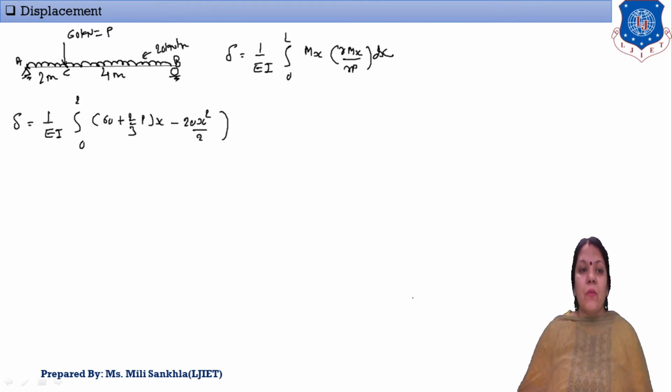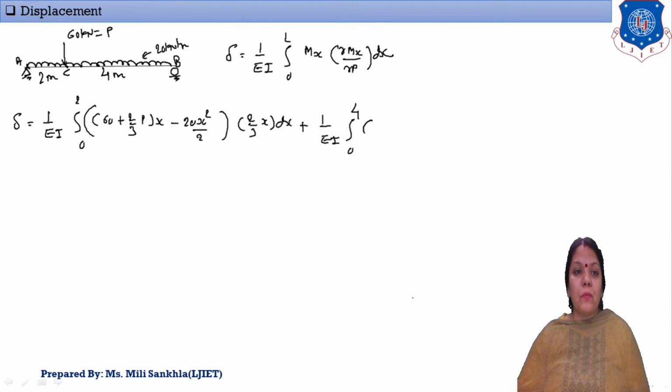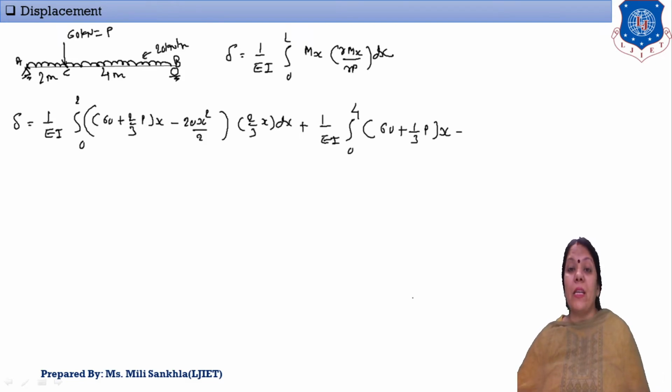This is my first segment, and multiply with our del Mx by del P, that is 2/3 into X, and dx. Now second: 1 by EI, limit 0 to 4, and the second term is 60 plus 1/3 of P, then X minus 20 by 2, we write here 10x square also, and multiply with 1/3 into X into dx.